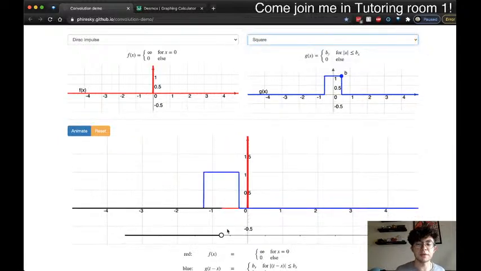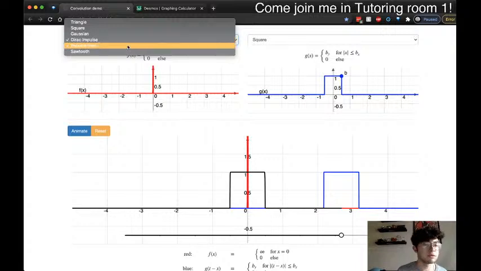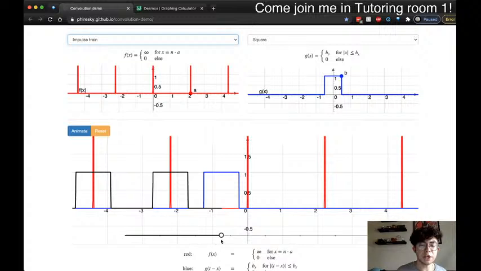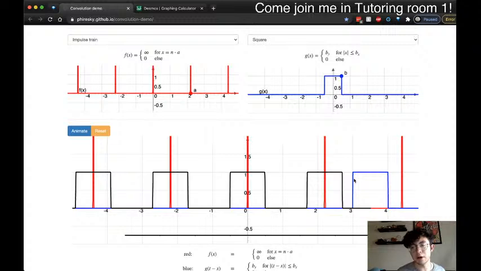So we have our signal. It makes copies at 0. If we have delta functions which are shifted over, we get copies at those too. So this is just a sum of delta functions right now, in red, and notice that we get a copy of our function at each of these spikes.